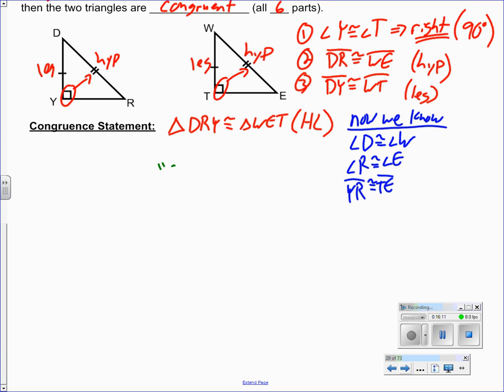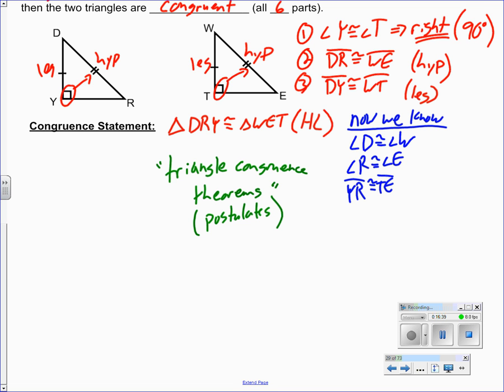So these are called triangle congruence theorems, or postulates. So if you're looking for a different video or some extra practice problems or something else to help you with this, it's what you can search for: triangle congruence theorems or triangle congruence postulates.